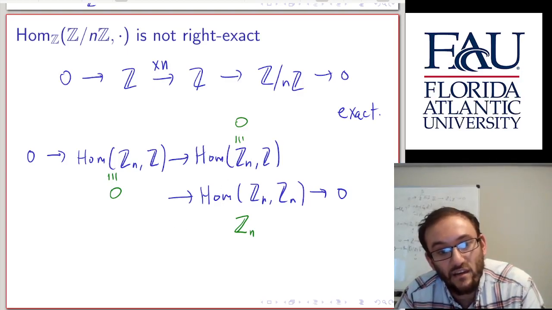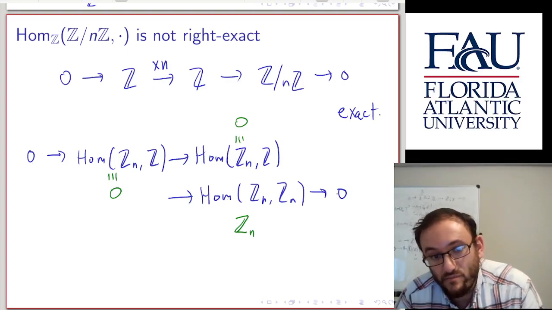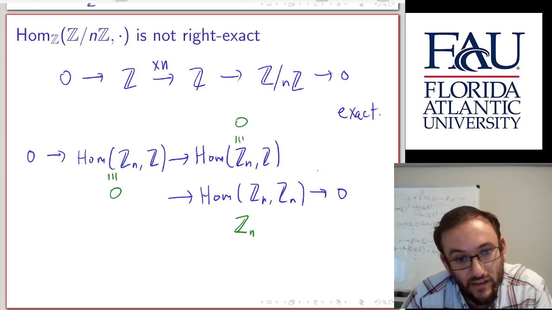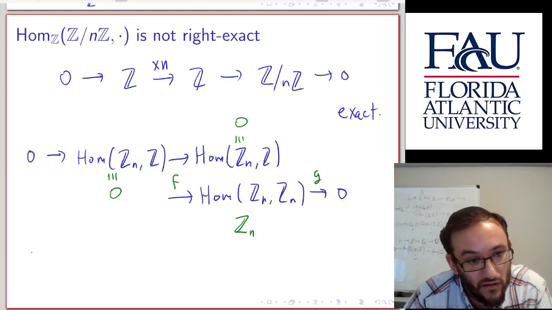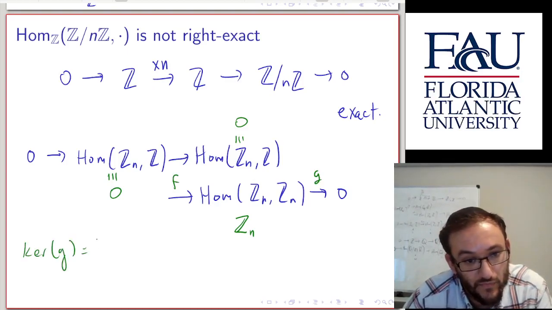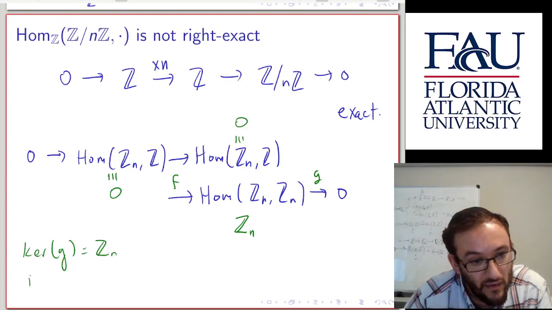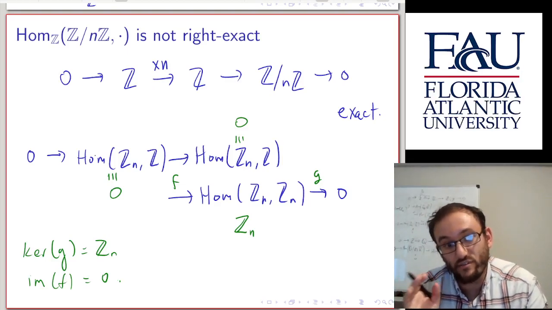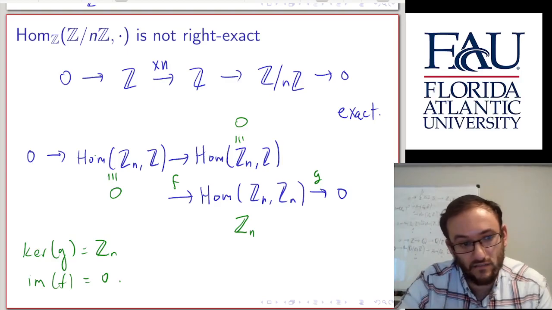But then when I get here, Z/n, the kernel of the map, because it's mapping to 0 now, has to be the whole thing. So if I write g here and f here, the kernel of g will be equal to Z/n, but the image of f is just equal to 0. So this breaks exactness. This shows why we consider it left exact, but not right exact.